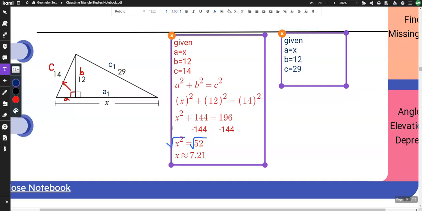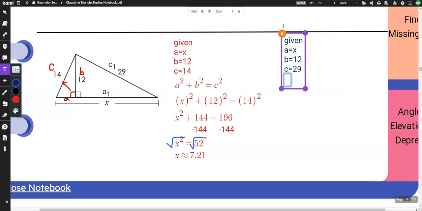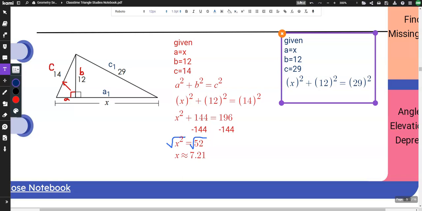Same formula. I'm not going to write it again. But let's go ahead and do the substitution. So for A, again, we have X squared plus 12 squared is equal to 29 squared. Now you'll notice it's going to be very similar in the format.